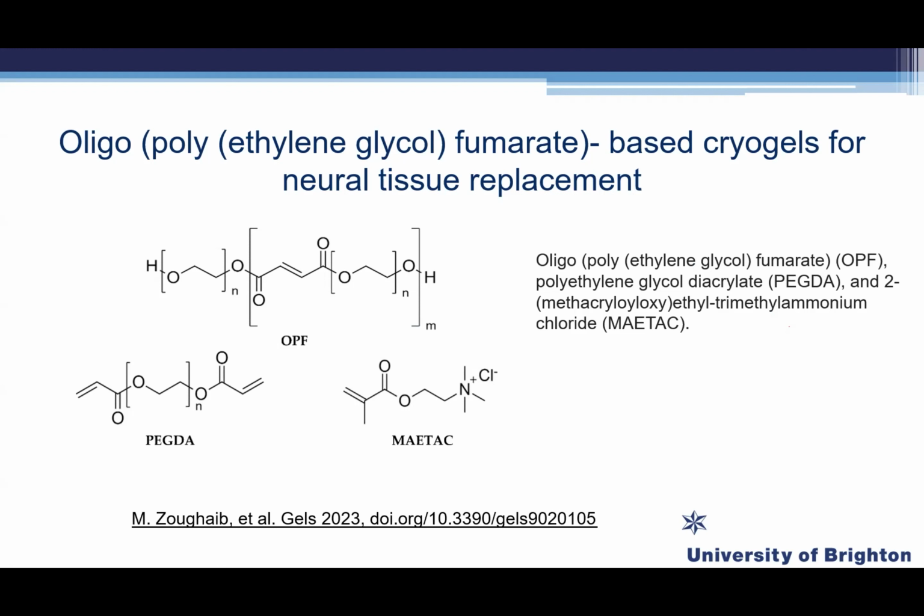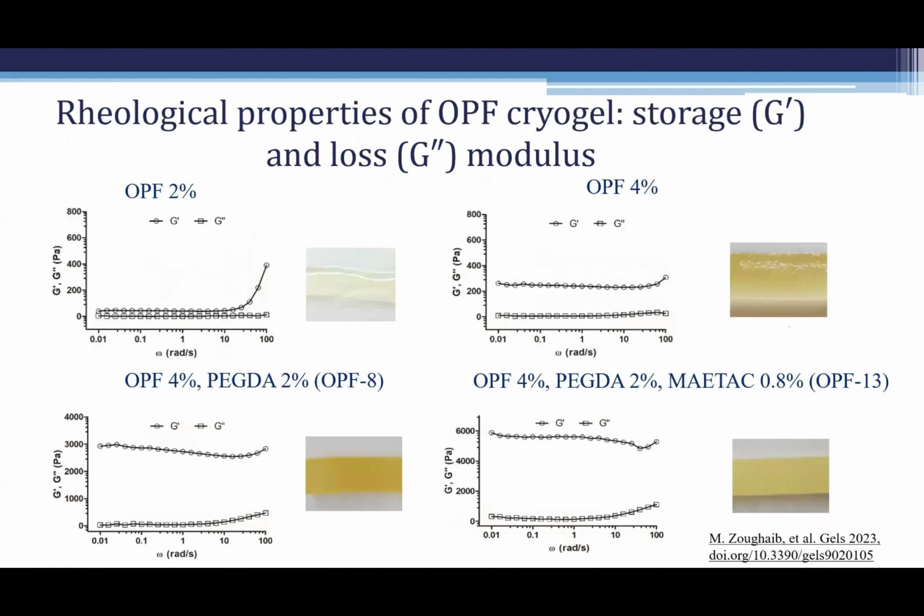The composition was selected based on previous research, which showed that this kind of hydrogel has potential for developing neural tissue replacement. But in this work, we want to see if the macroporosity of cryogels will have some additional effect.